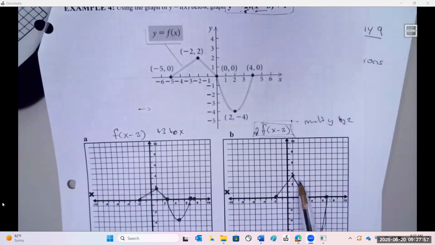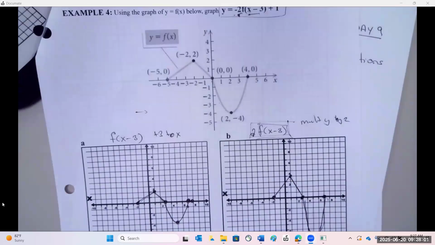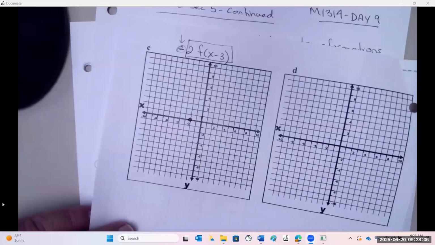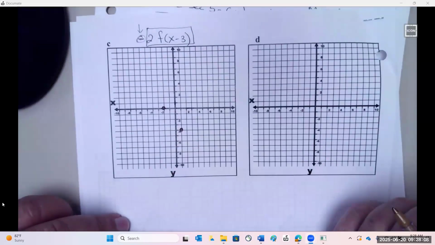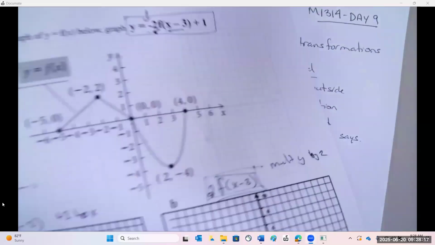It's at 1, 4. So our new point becomes 1, -4. So we go to 1 and down to -4. The next point is at 0.